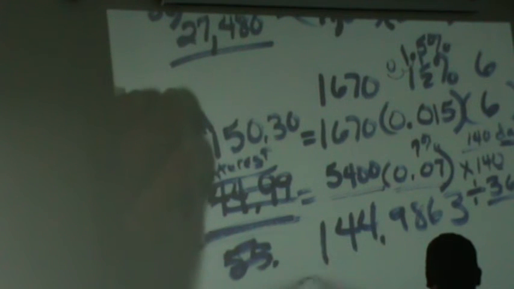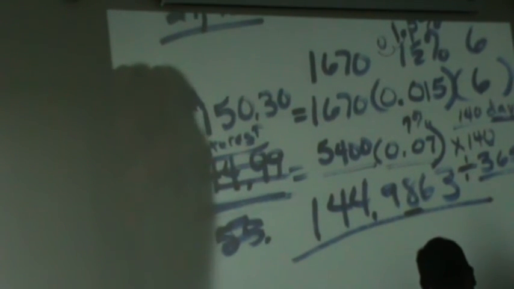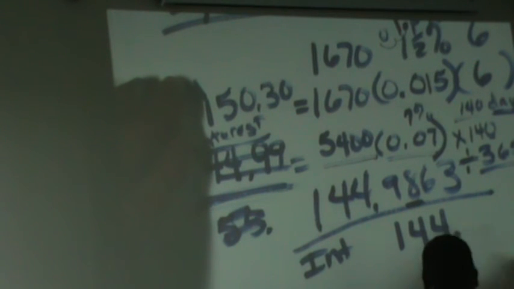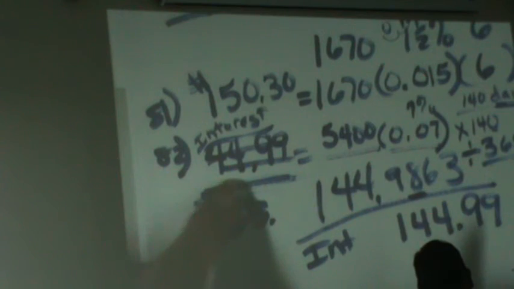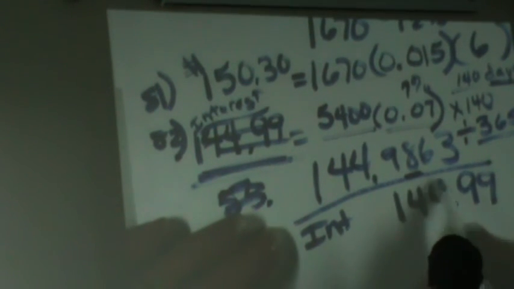Okay, that's our interest. We have to round it to the penny. So the interest is what? 144.99. I said 44.99. It's 144.99. Okay, our interest is 144.99.